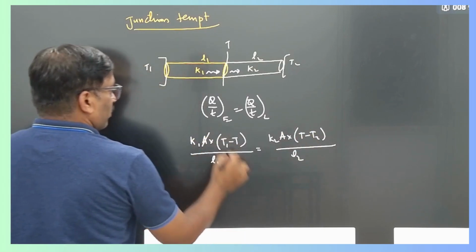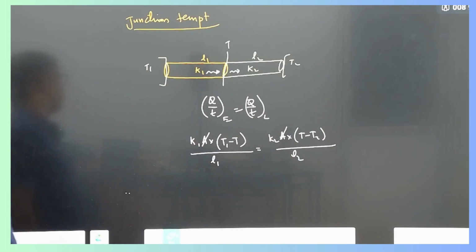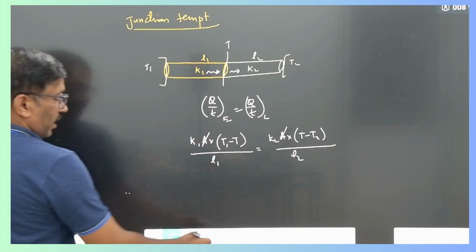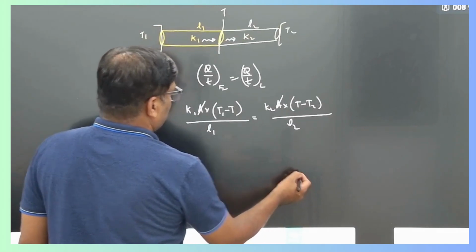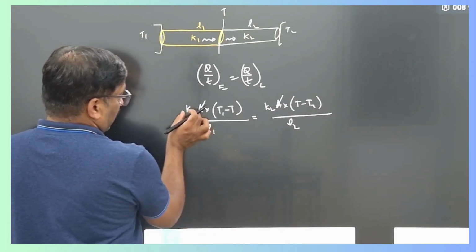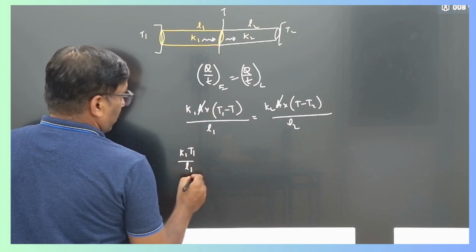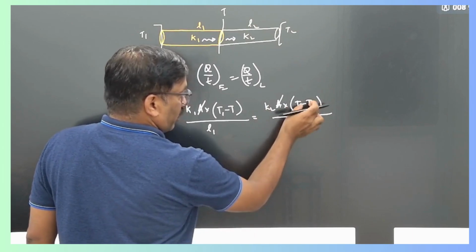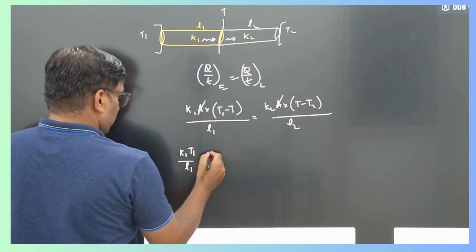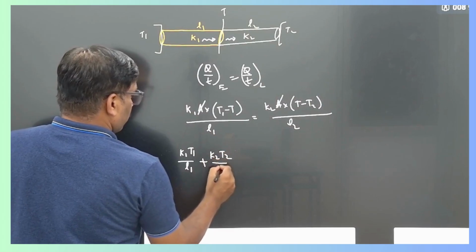Here the area of cross section is the same, so we cancel it. We can rewrite it to simplify the mathematics: K1 T1 by L1 minus K1 T by L1 equals K2 T by L2 minus K2 T2 by L2.